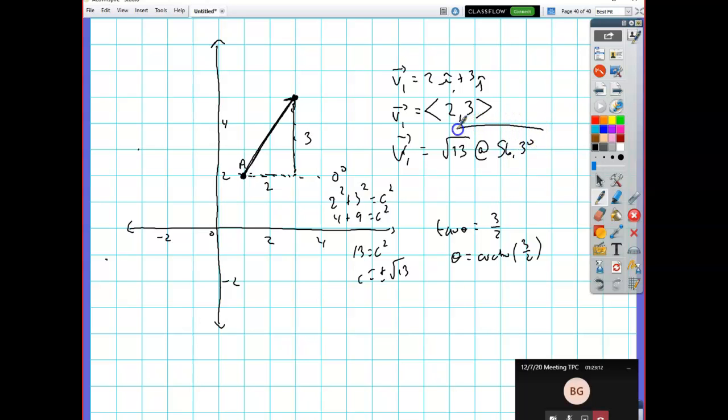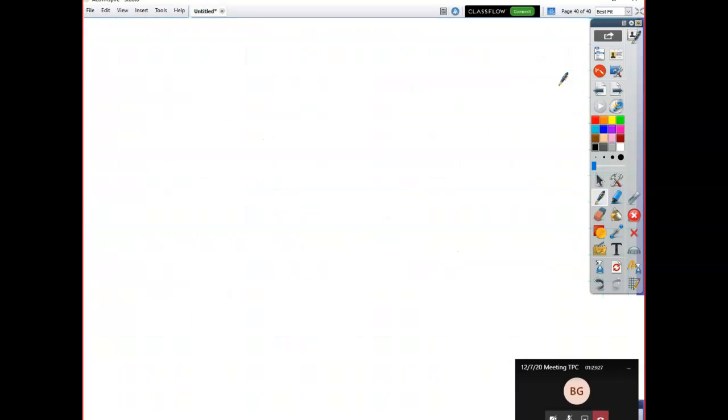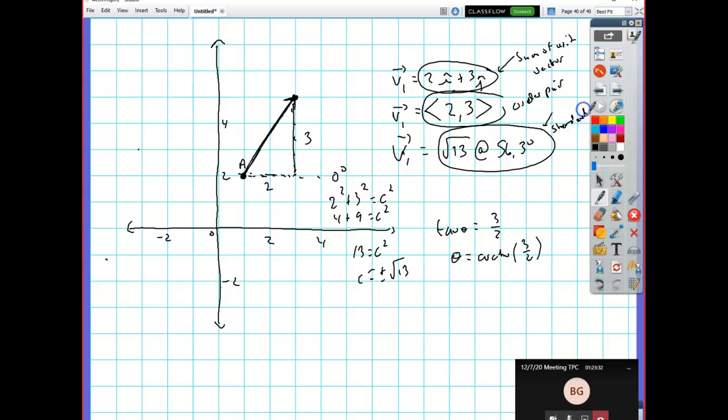And I'm done. So this is sum of unit vectors, vector form. This is called ordered pair. And this right here is called standard form.